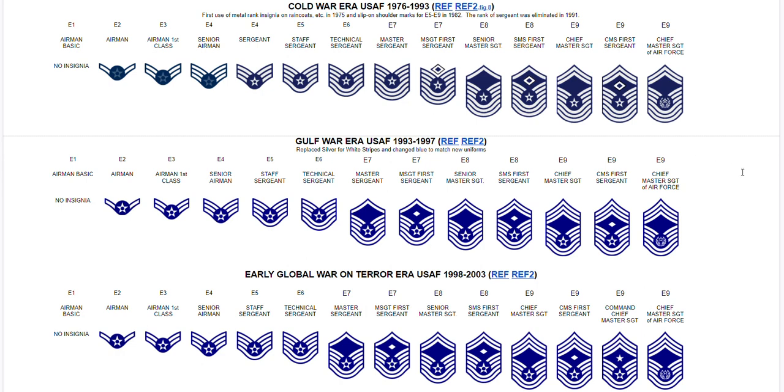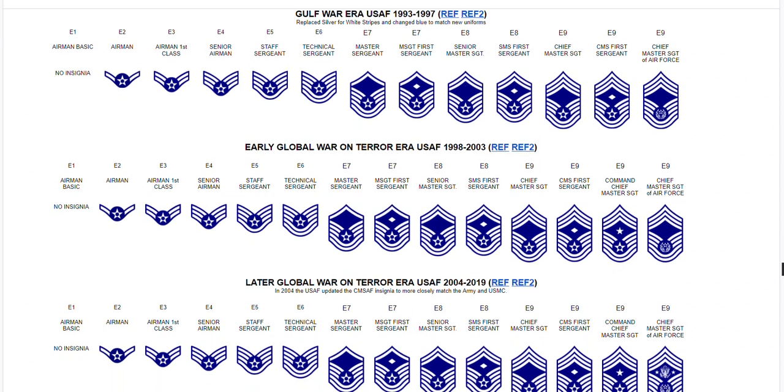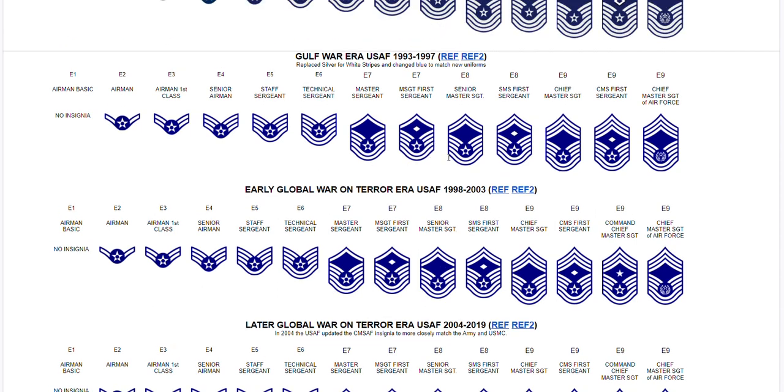And so they did that, but one of the things it did was make the patches on the uniforms even larger, especially the E9 with the 3 pointed chevrons on top.